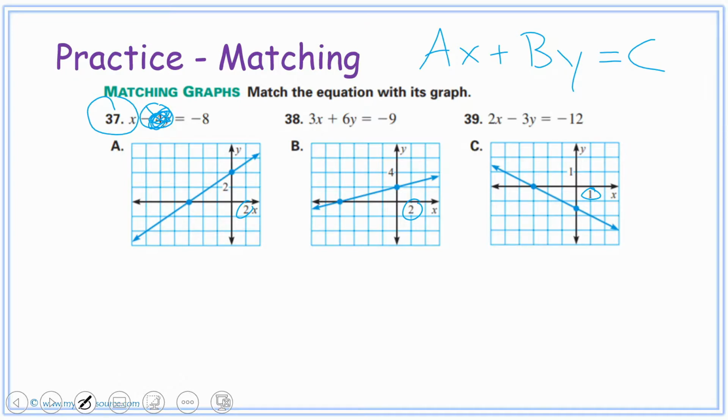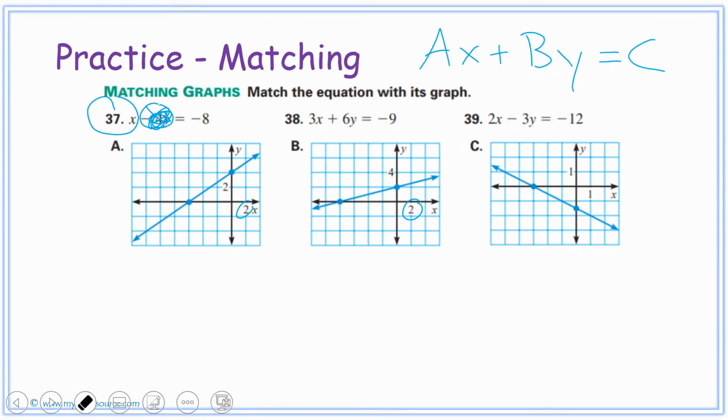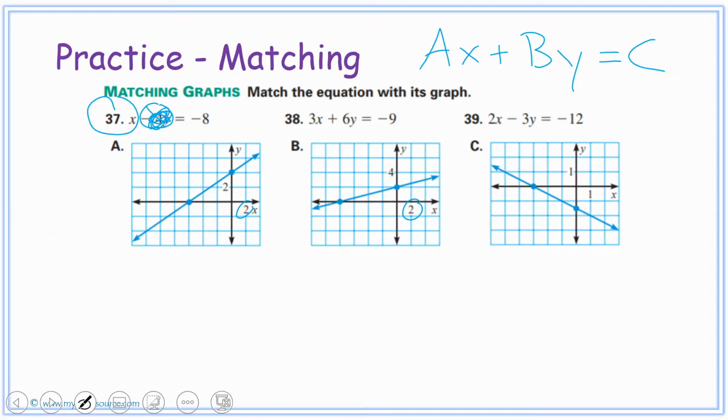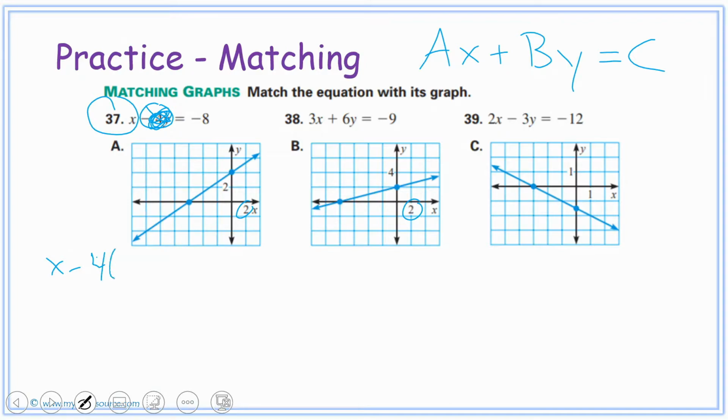So if we check this one, that's negative 1, negative 2, negative 3. So it can't be that one. All right, so we know it's not the very last one. Then we need to check to see if it's the second one. We know, once again, that x will be equal to negative 8 because, let me write it out. For my first one, remember you set y equal to 0.